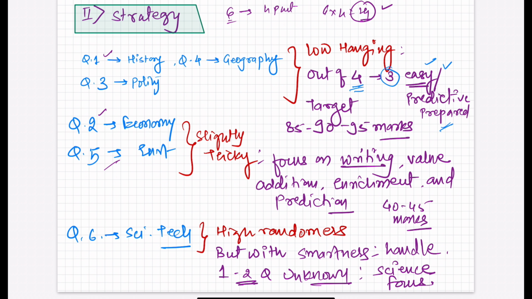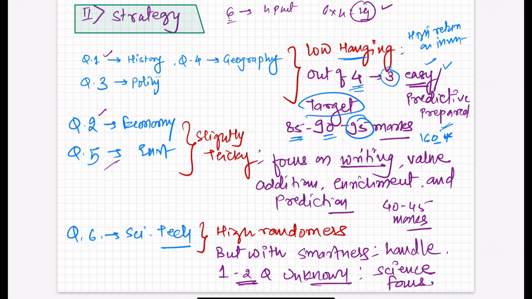So this makes it a low hanging fruit and a very high return on investment topic. Our target should be to score at least 80-85 marks here, or even as high as 95 marks, if you want to score, let's say, 160 plus in this GK paper.